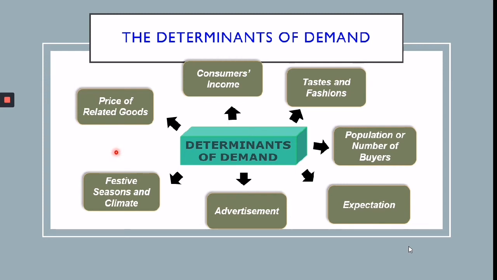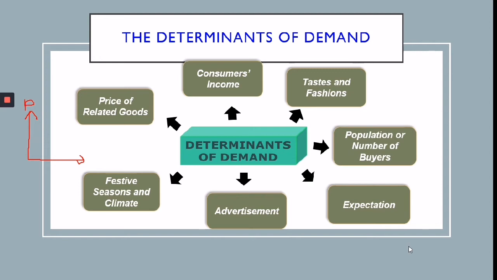Let me give you an example of a substitute good, coffee and tea. If the price of coffee increases, the quantity demanded for coffee will decrease, and people will substitute coffee with tea. Let's look at this example. Here I show you the demand curve for tea.